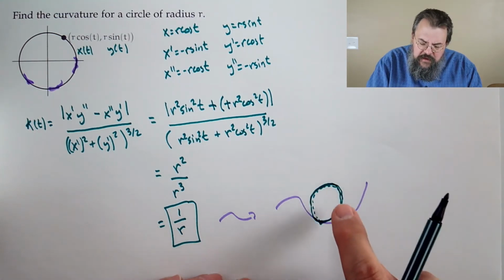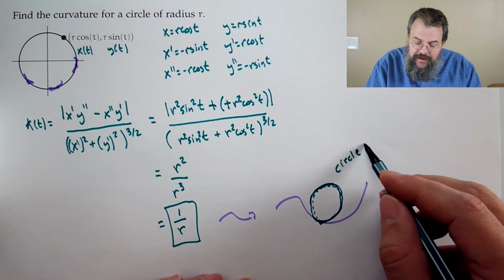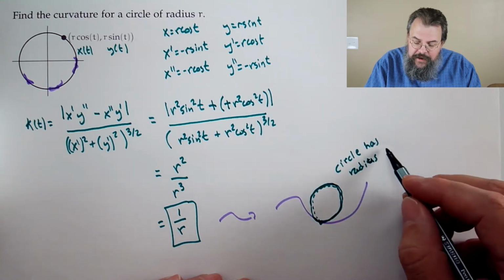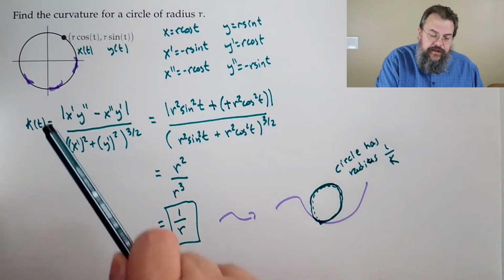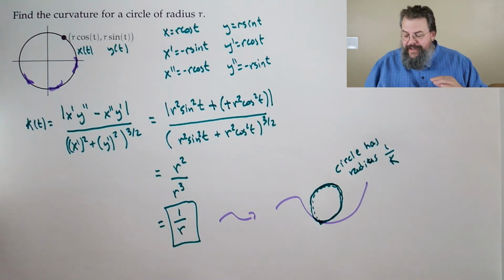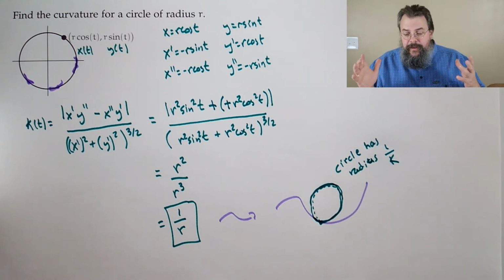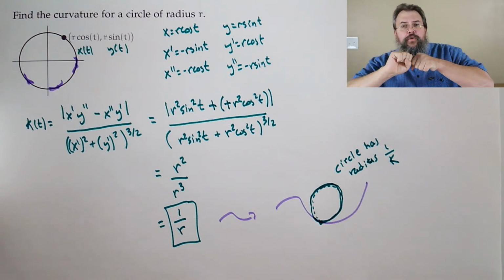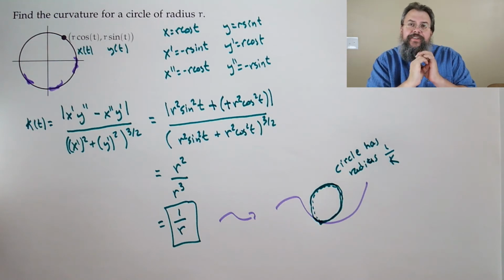And this circle, which the curve locally looks like, has a radius of not kappa, not the curvature, but rather 1 over the curvature. Notice that here the circle has radius r and the curvature is 1 over r. So when we talk about the connection between circles and curvature, that's our connection. It makes sense, because if we're having a quick bend, turning sharply, that should be a tiny, tiny circle.